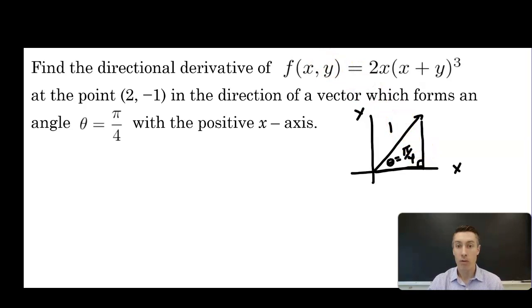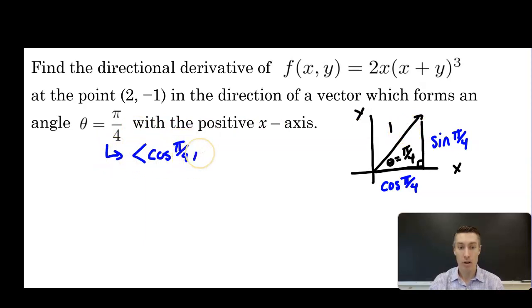And the way that we would find that is by taking the cosine of pi over 4 and the sine of pi over 4, since the magnitude or the length of that vector is 1. So we can create a vector of cosine pi over 4, sine pi over 4 to use as our direction vector.